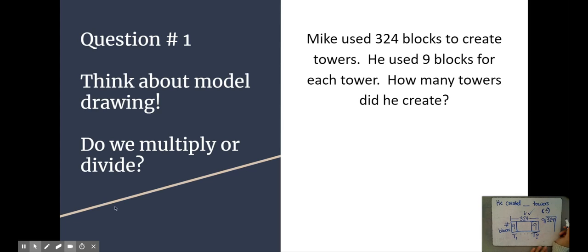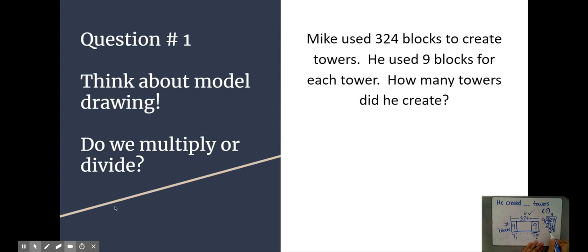So let's go ahead and do standard algorithm. 9 does not go into 3, but it does go into 32. 9, 18, 27. 36 is too much, so we're going to say 3 times. So you're subtracting 27. Make sure to regroup, guys. 12 take away 7. Well, 7, 8, 9, 10, 11, 12. 5 people. And then we bring down our 4.